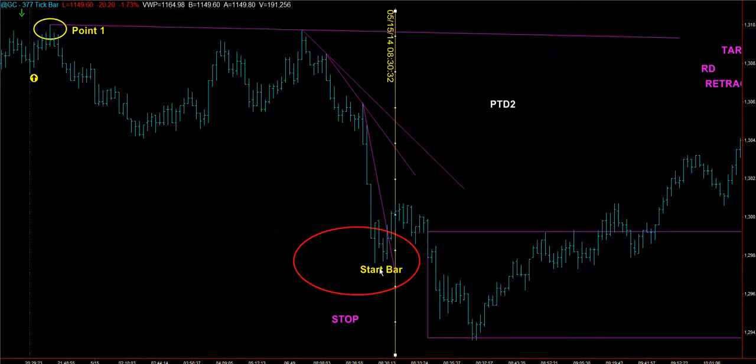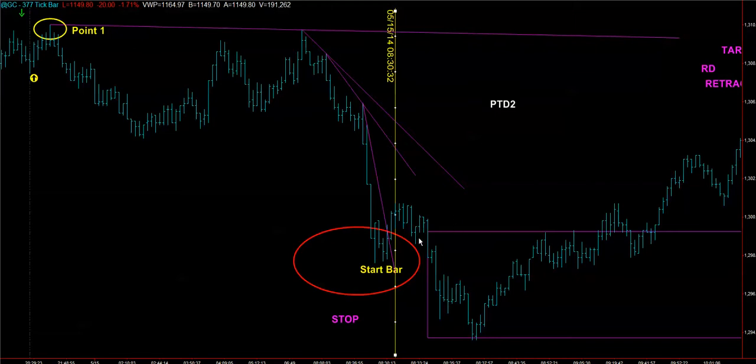So the start bar for the first trade is the first bar of the day. The start bar for the second trade is the first entry point of the first trade, and the start bar of the third trade is the entry point for the second trade. Okay, so it's staggered behind.